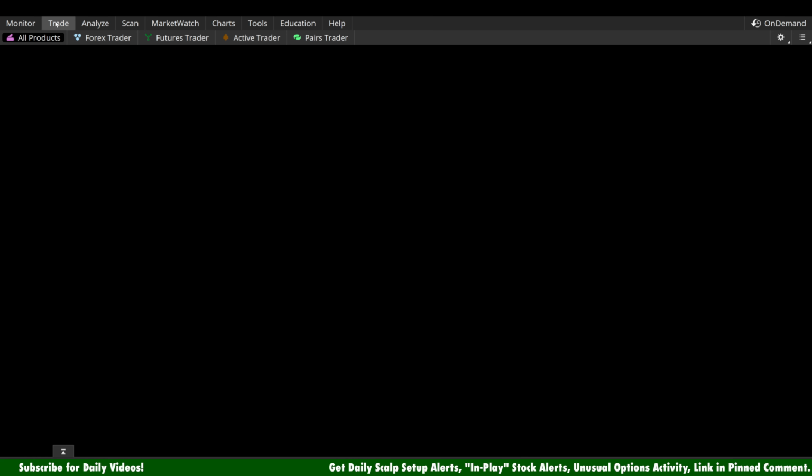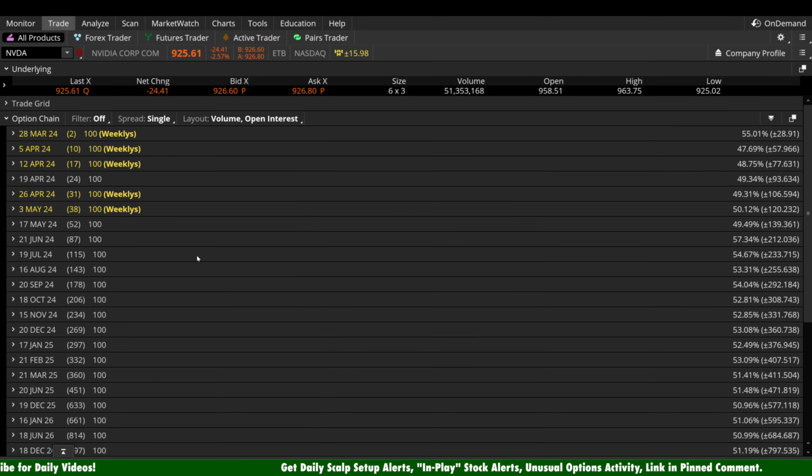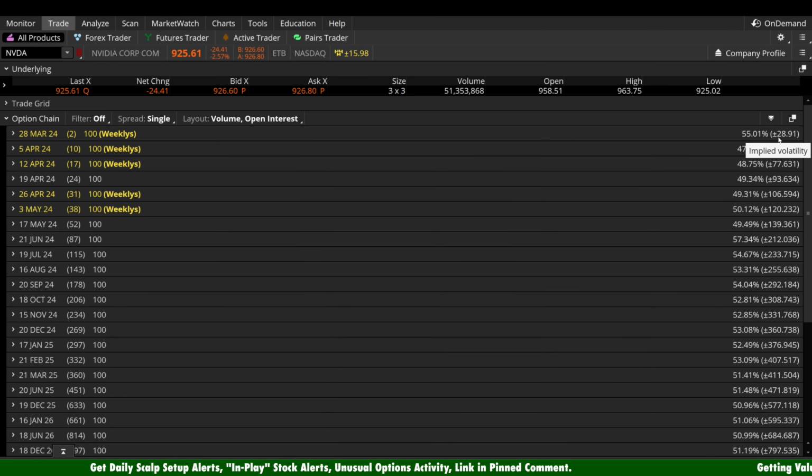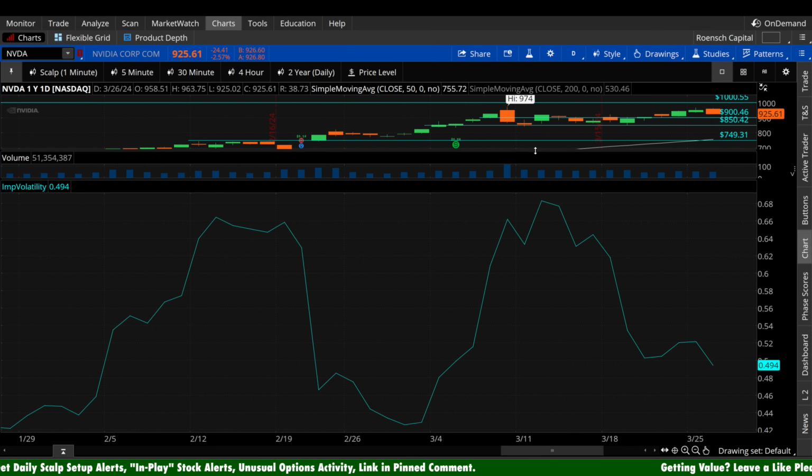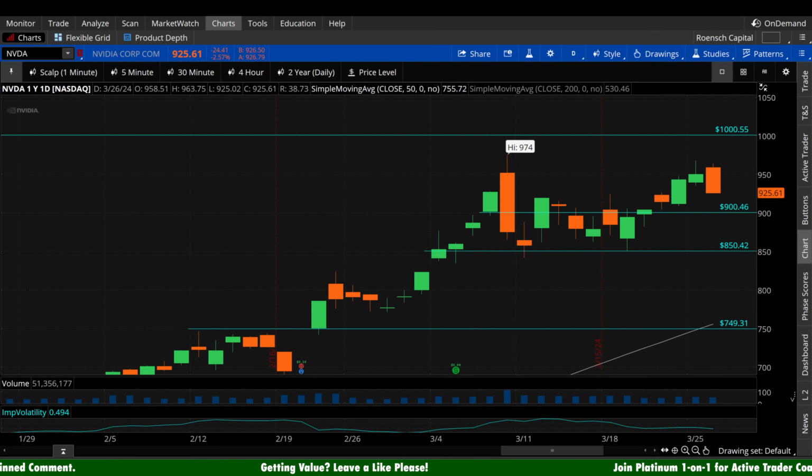Now, let's take a look at the expected move for tomorrow here. The nearest expiration on Nvidia is Thursday, March 28th. Currently, we have an expected move by close on Thursday of plus or minus $28.91 per share. Now, again, we don't have any earnings tomorrow or anything like that, so if we simply divide that by 2, we're looking at about $14.45 per day, assuming 2 green days in a row or 2 red days in a row.